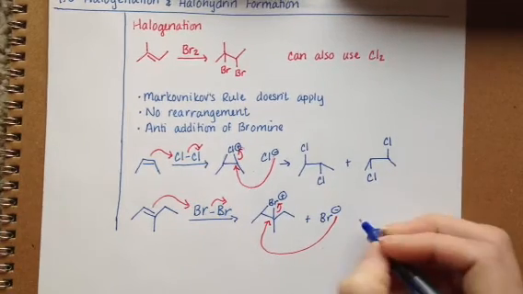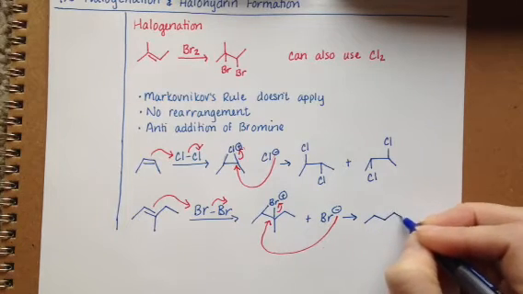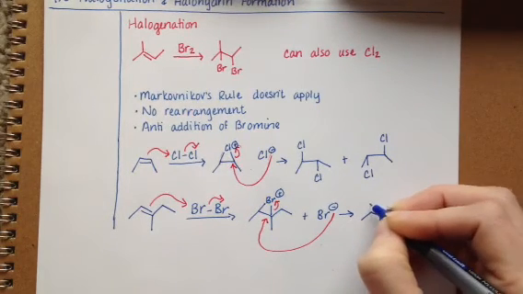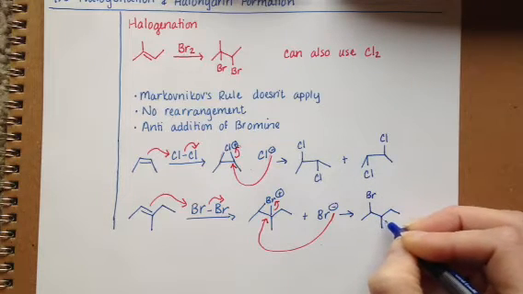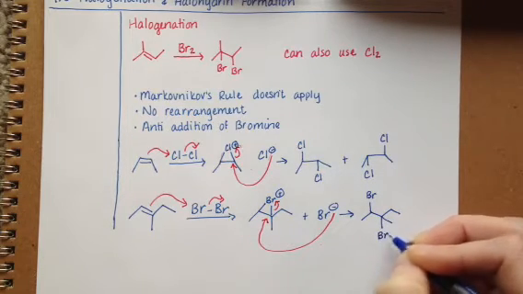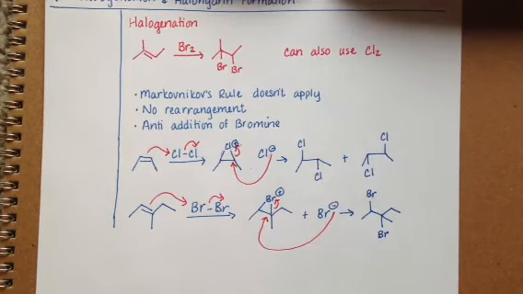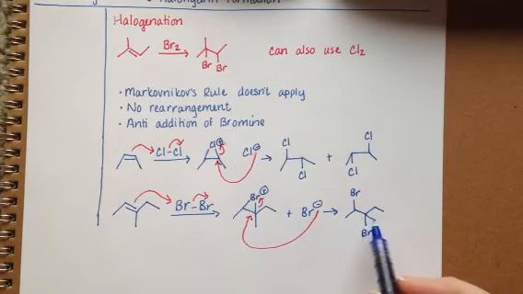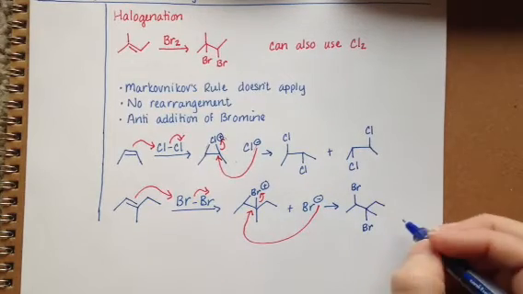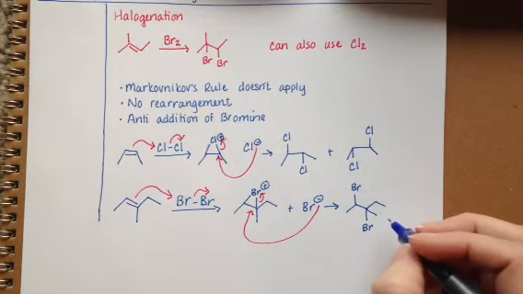We don't really need to worry about which one we're drawing. And we have one bromine going up, and we have another bromine going down. Anti to each other. It's really important that we communicate stereochemistry with wedges and dashes so that there isn't any confusion. Drawing things in straight lines works really well when we're drawing out mechanisms quickly and things like that, but it is going to be important that we use wedges and dashes.